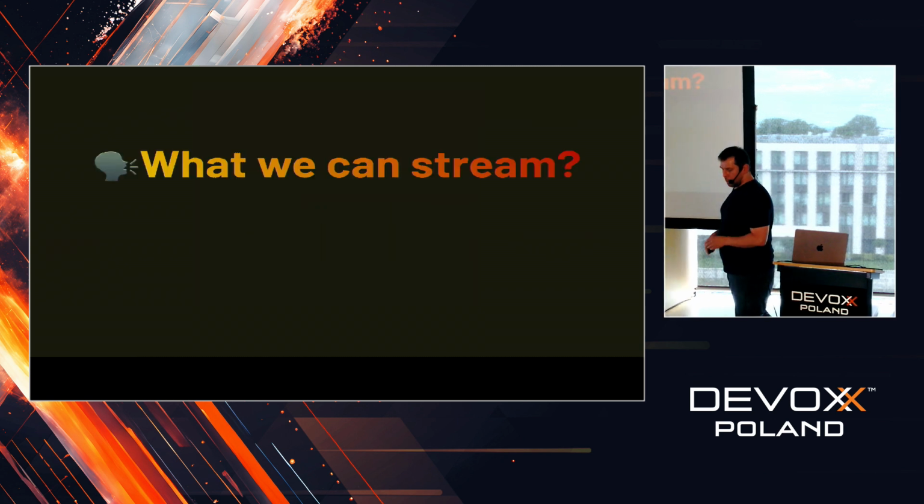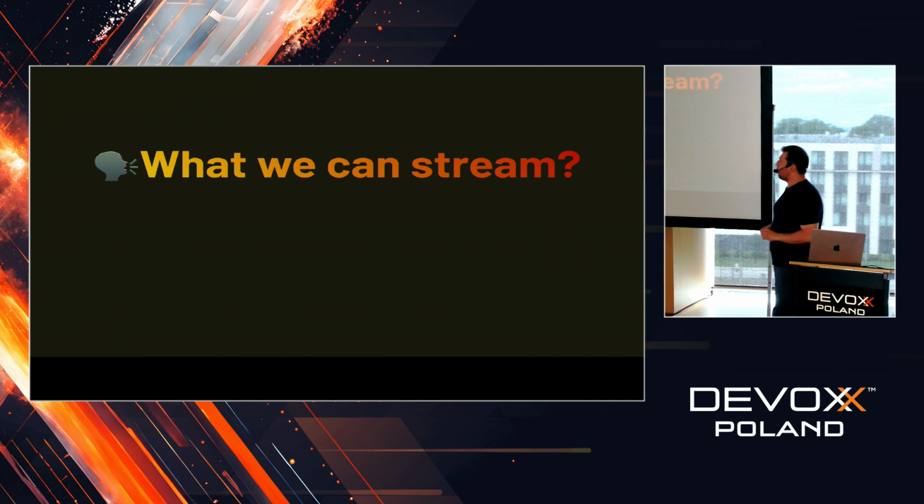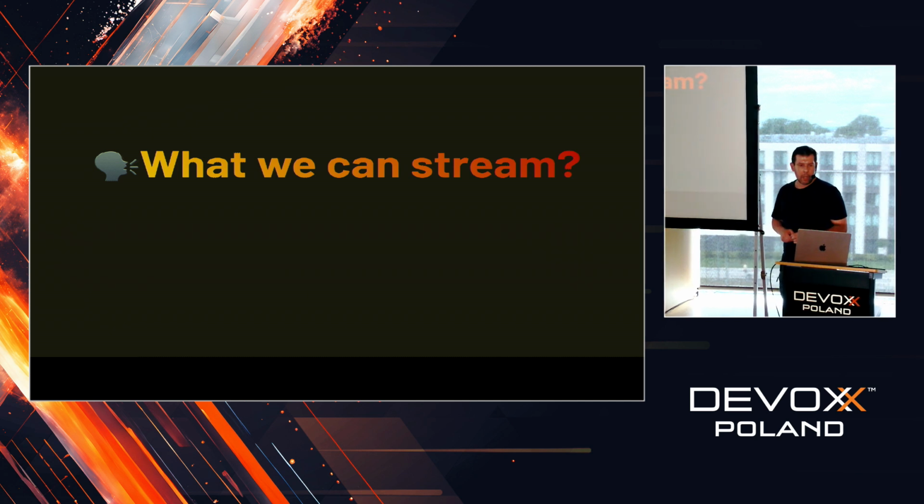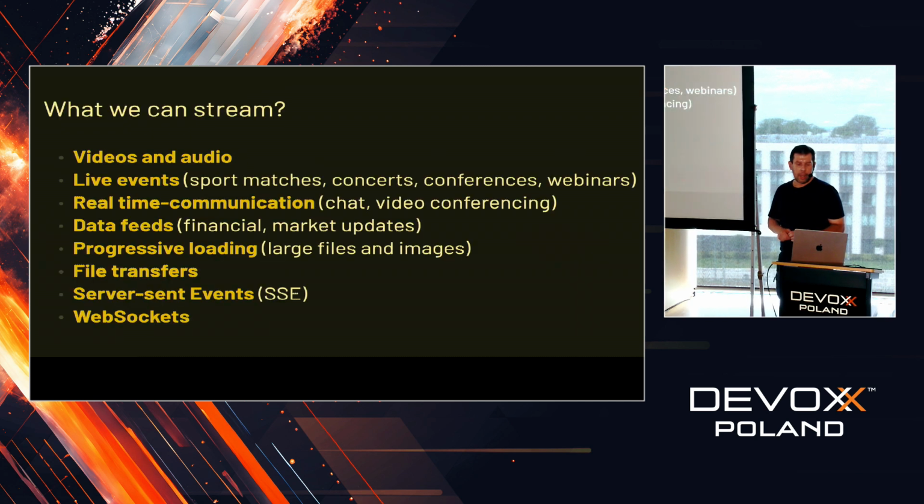Okay, we had a demo before of what we can stream in our applications. I was talking only about server-side events, but we can stream a lot of things on the web. So for example, videos and audio, live events like sports matches, concerts, conferences, webinars. There is real-time communication.